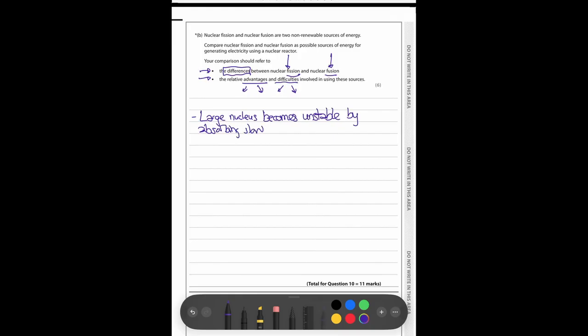So all I'm doing is just describing the process of fission here, and I've just got this from my content revision, but it was absorbing a slow-moving neutron, and then splits to release energy and further neutrons. That can go on to produce further fission or go to have a chain reaction.